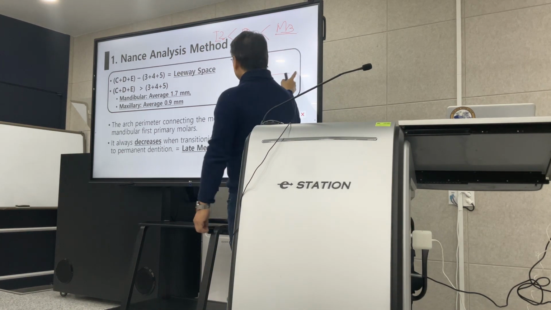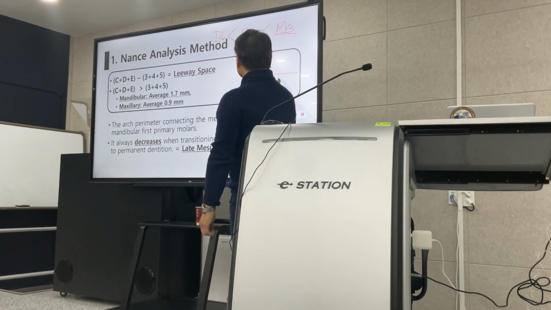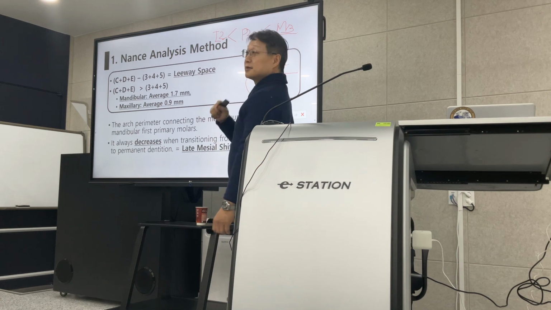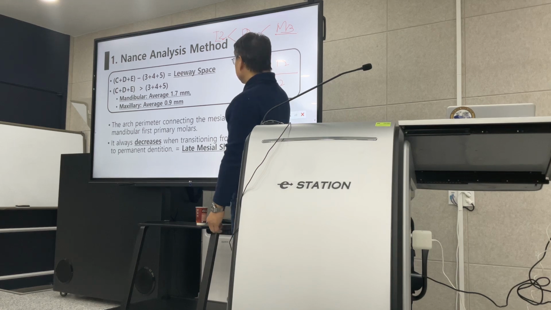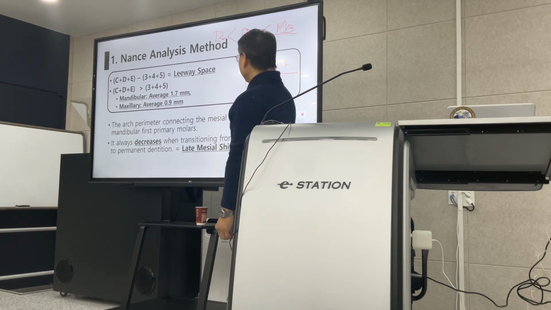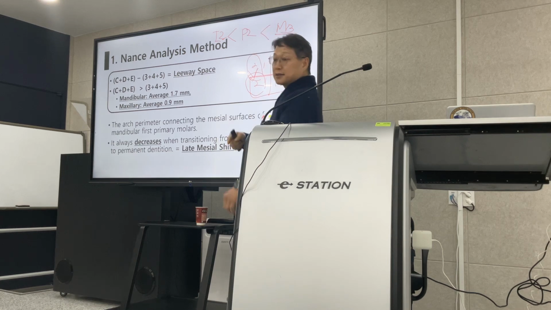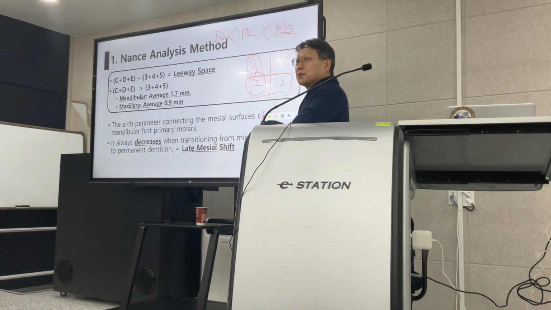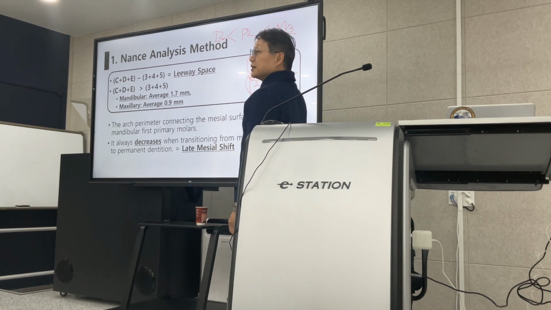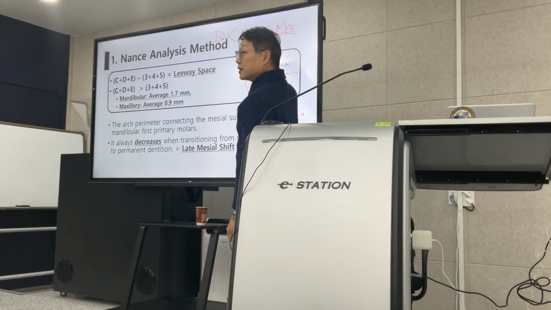But when you're talking about the lower 1, 2, which one is more possible to be congenitally missing? Upper is more possible. That means some patients have only 3 incisors, but with this kind of teeth, in lots of cases of peg laterals, they have some problem with shape. But in the lower, it is a little bit rarer than upper. So that's why we use this kind of teeth.